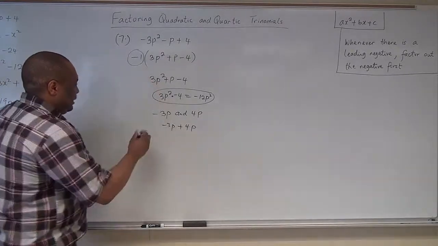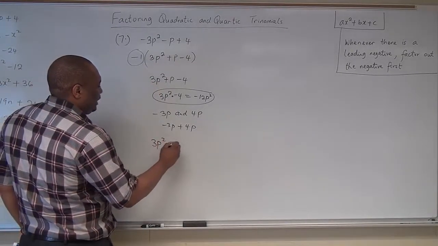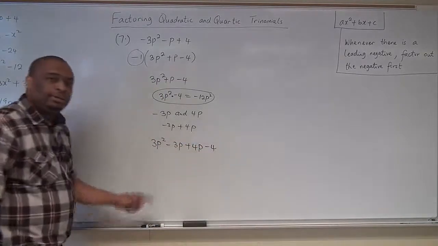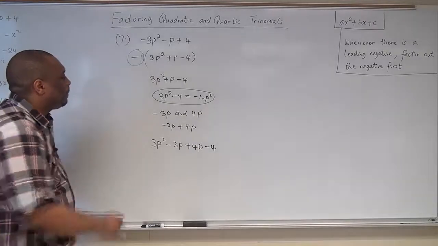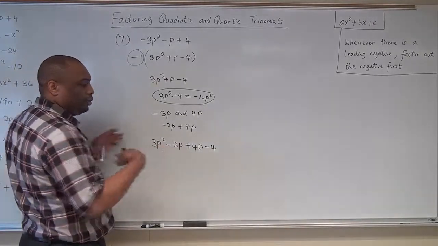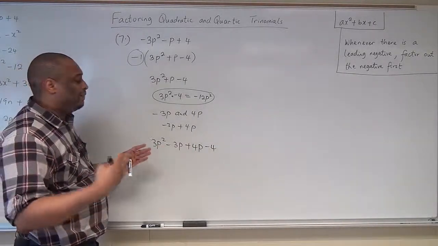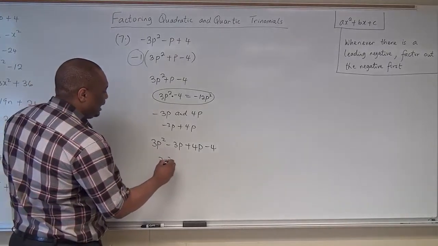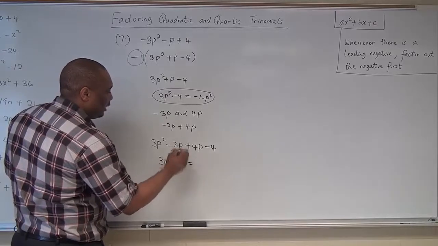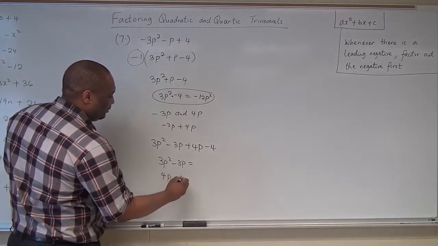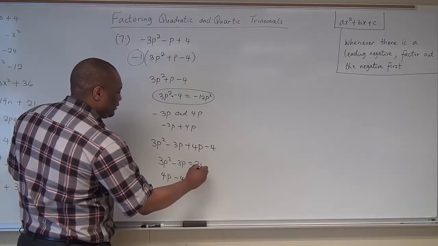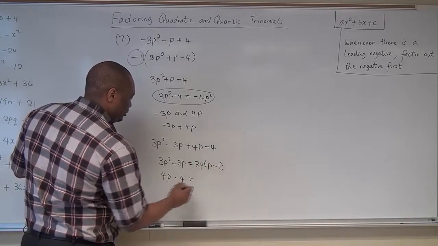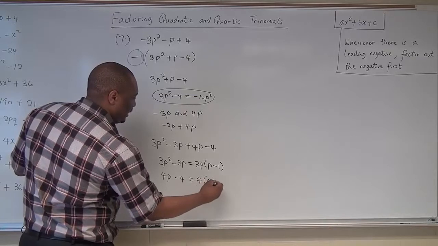So we now replace that. That is now 3p squared minus 3p plus 4p minus 4. You now factor by grouping. And like I said, I like doing my radical method. So this is 3p, p minus 1, and this is 4p minus 1.